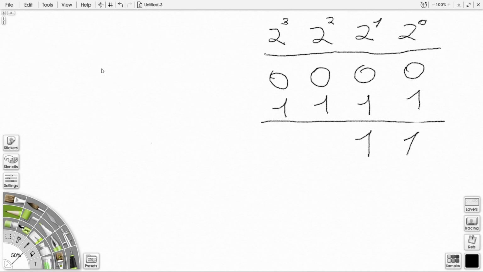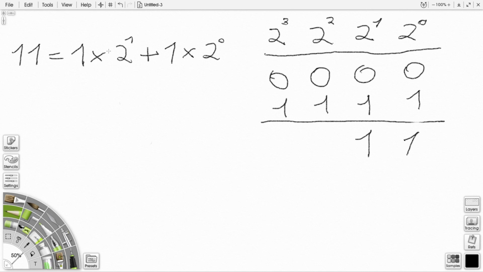Another example, the number 11. What is the amount of 2's to the power of 1 that we have? Well, we have 1 2 to the power of 1, plus, what is the amount of 2's to the power of 0 that we have? Plus 1 2 to the power of 0.